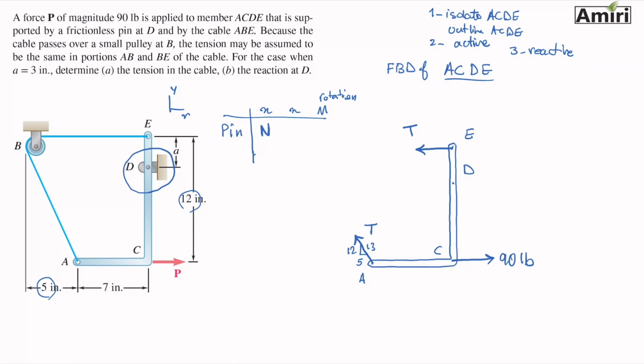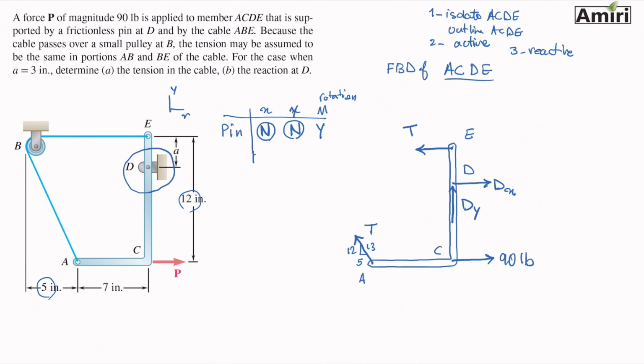It is not moving, sorry, this should have been y, not moving in y direction. Can it rotate about point D? Yes, that's the whole purpose of having a pin. And wherever you see a no, that's the direction you need to add a force. So I'm going to add a force in the x direction and in the y direction. These are both unknown, so both of them I drew in the positive direction.